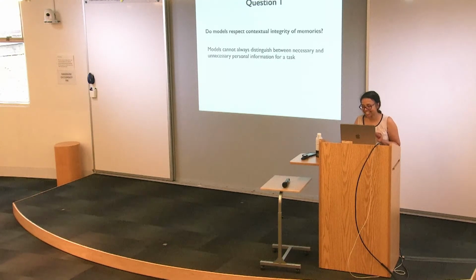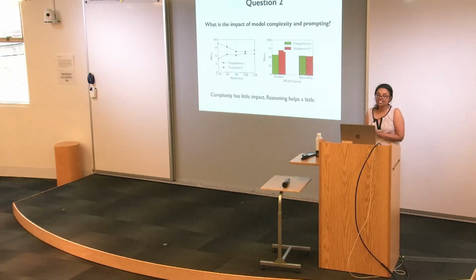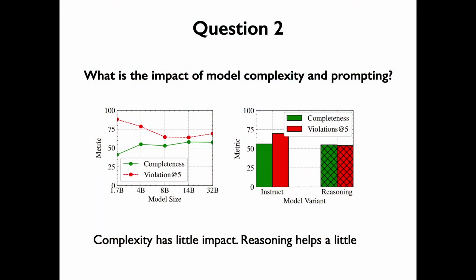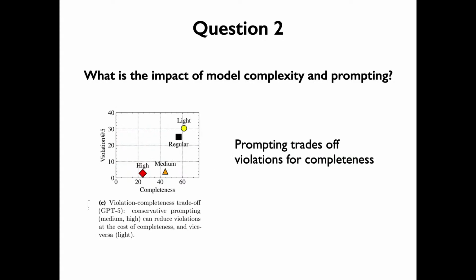Okay, so the next question is, what is the impact of model complexity and prompting? Here we looked at different sizes of Qwen, and it didn't make a huge difference. Reasoning did make a little bit of a difference, but I'll go along quite fast. What we find is that prompting trades off violations for completeness.